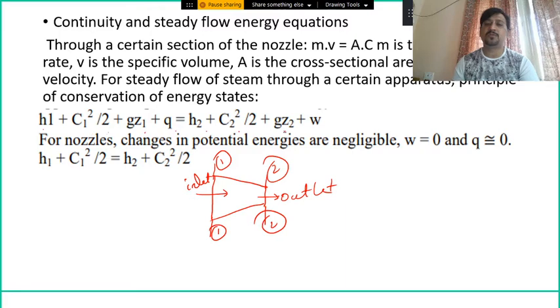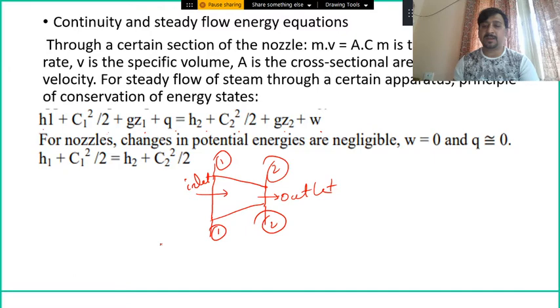This is what the energy flow equation states. For nozzles the change in potential energy is negligible, the work w is equal to 0, and the amount of heat transferred is also equal to 0. So the only remaining thing is h1 plus c1 square by 2 is equal to h2 plus c2 square by 2.